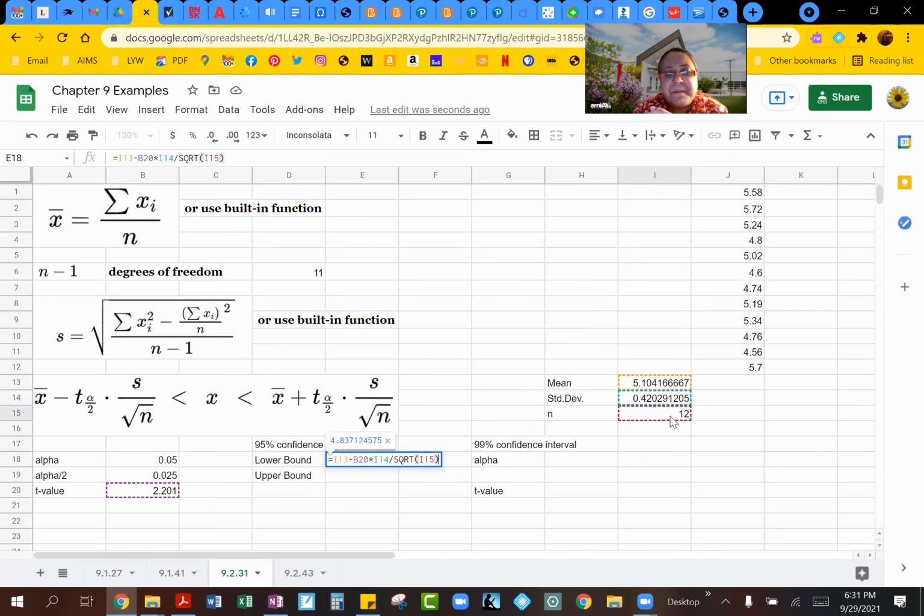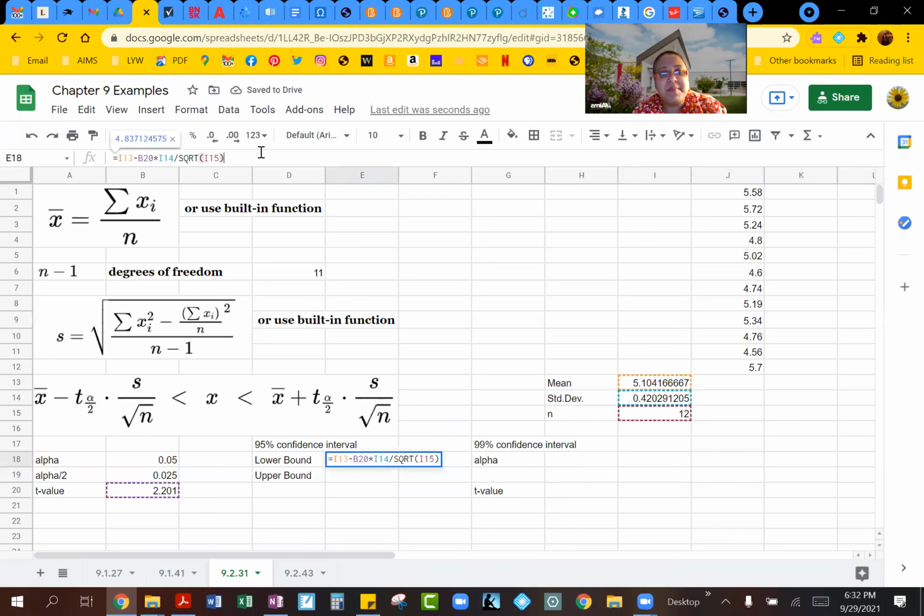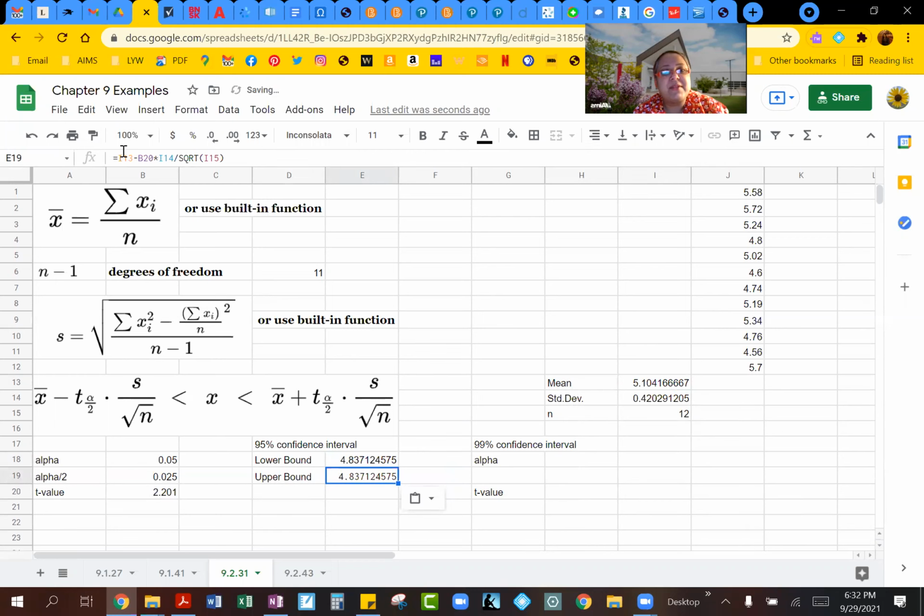So X bar minus T times standard deviation divided by square root of N. And that should give us our lower bound. I'm going to copy the same formula and paste it for the upper bound. And like I told you last time, just change that minus to a plus and you have your upper bound.